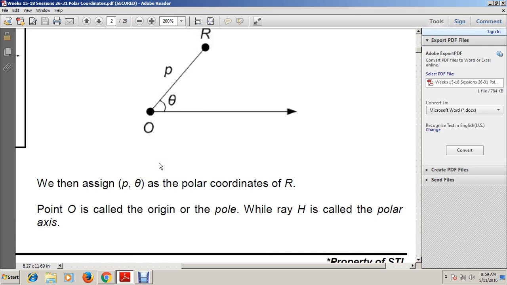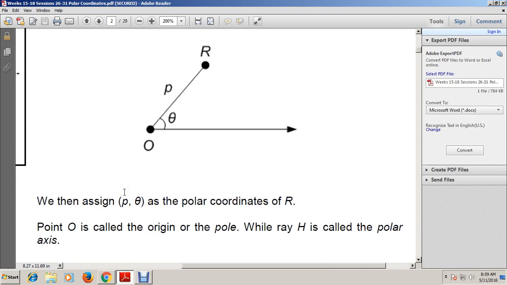Okay, so now try to compare this with the rectangular coordinate system. Remember, in our Cartesian coordinate or the rectangular coordinate system, if you specify the location of a given point, such as point R, you specify the location of point R in terms of the distances it makes with the x-axis and the y-axis. So its corresponding shadow projection on x gives you the x coordinate of that point, while the shadow projection of the same point on the y-axis gives you the y-coordinate of that point.